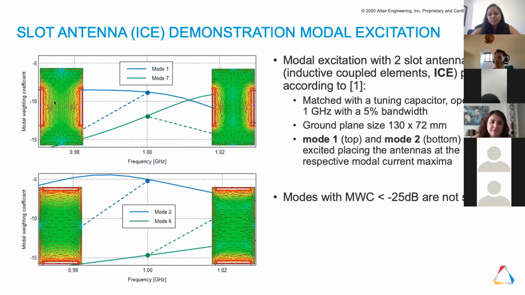If it's capacitive or inductive, you will place that element either at the modal current maxima for the mode that you are trying to excite, or for an inductive element, or for a capacitive element, you place that at the modal current minima. And what you will get with that is you will excite the mode that you are trying to excite. However, there will be other modes that are excited.